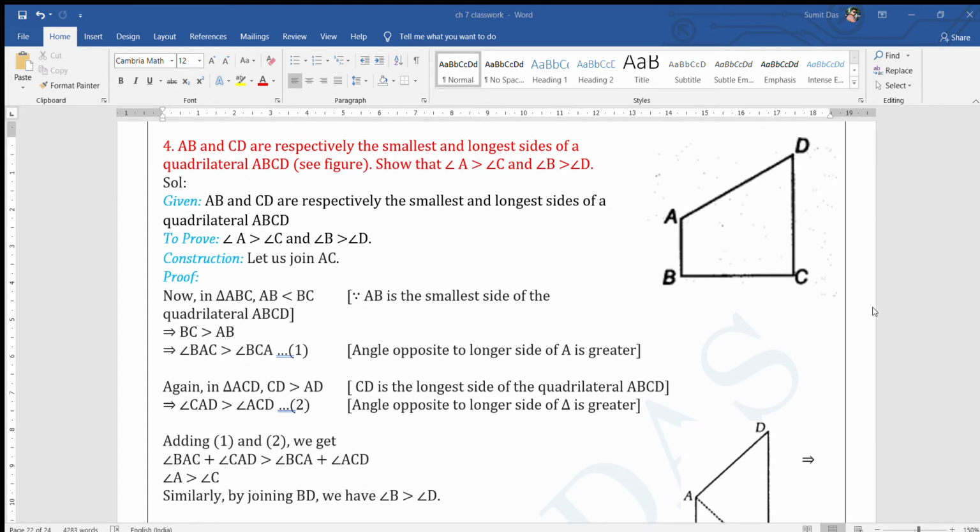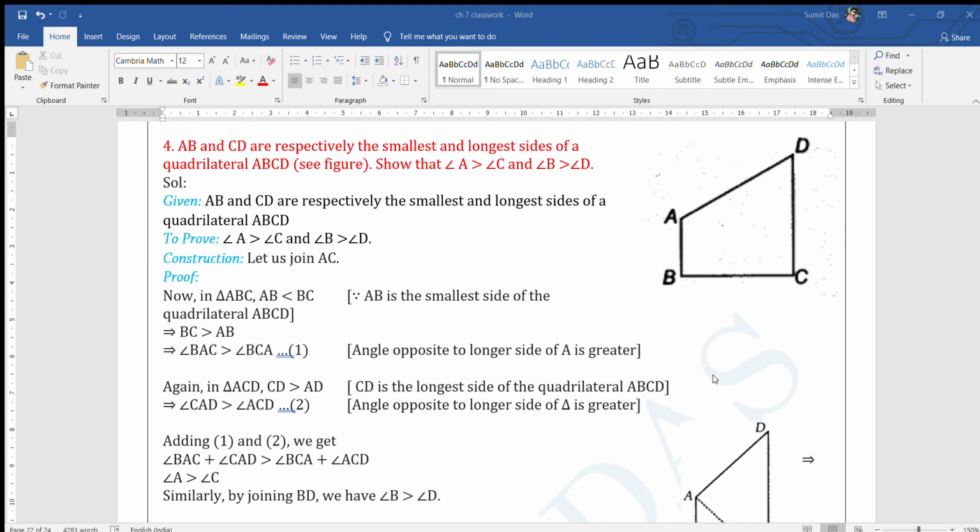But here we learned the theorem in a triangle, and this is a quadrilateral. So we join the diagonal BD or diagonal AC, so that we form two triangles, and then we can compare the angles.